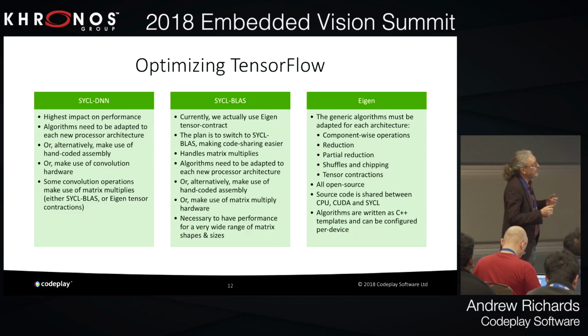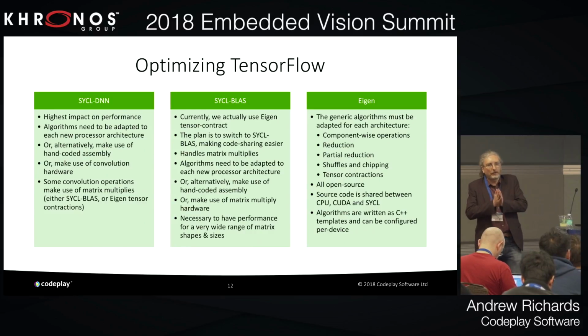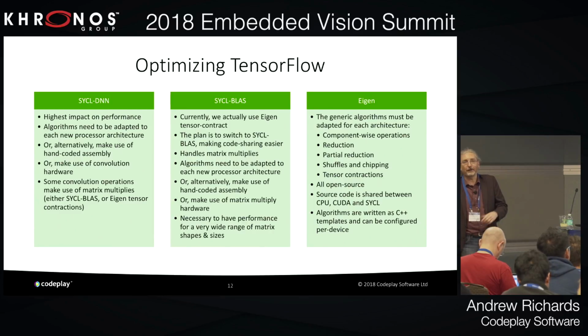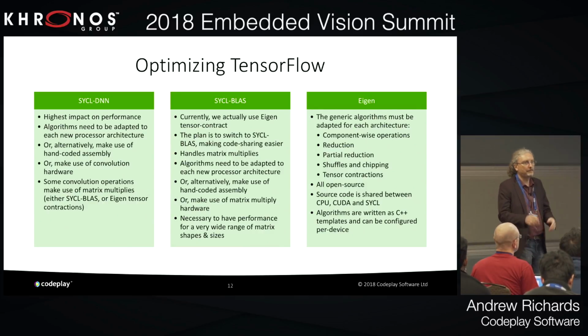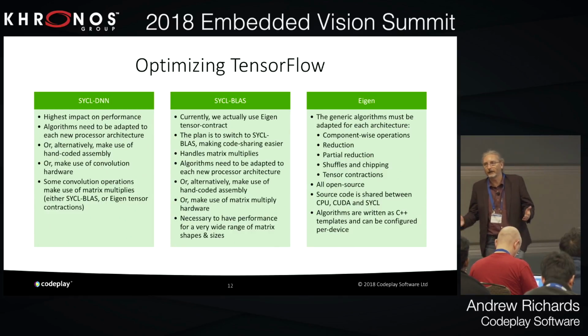What it does is it handles matrix multipliers, and it adapts the algorithm to different processor architectures and different sizes and shape of matrix. This is something else that we've discovered, as well as the convolutions. The matrix multipliers in deep learning are extreme. They are extreme variations of size and shape. So you'll see something that's like 15 by 8 million or something as a reasonable sized matrix, which you wouldn't see in other situations.